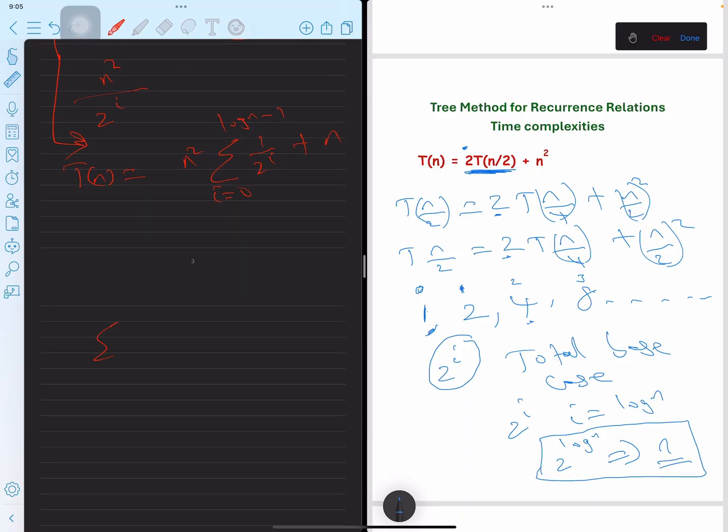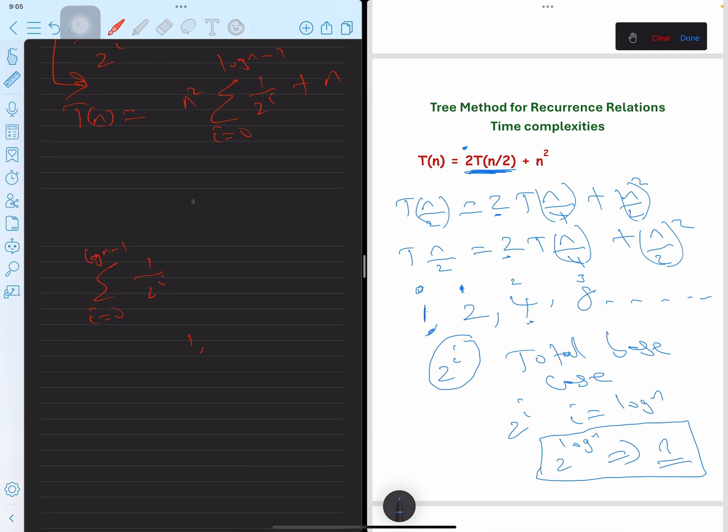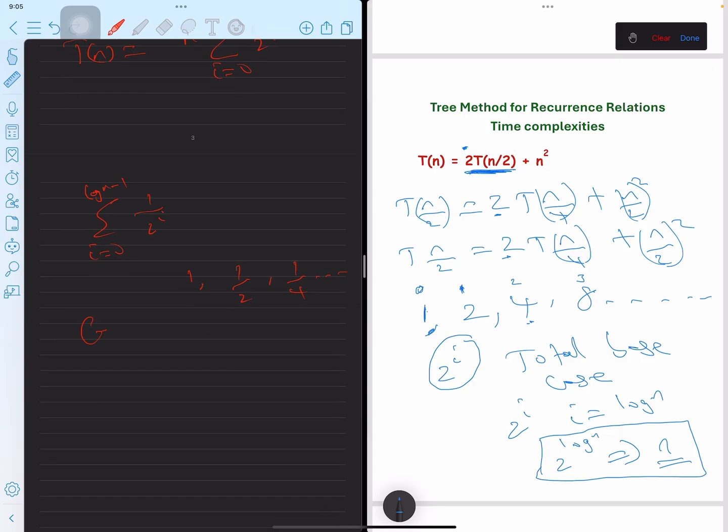So with that said, I'm going to look at the series. Sigma of 1 over 2 to the power of i, when i equals 0 to log n minus 1, what you have there is a series like this: 1, 1 over 2, 1 over 4, like that, right? So with that, I know that this is a geometric series.